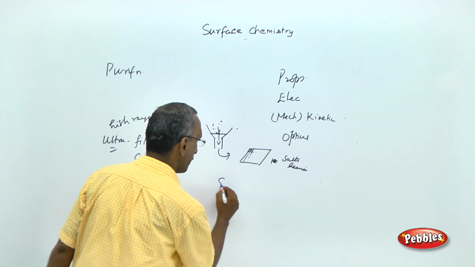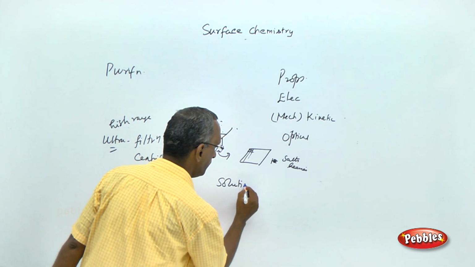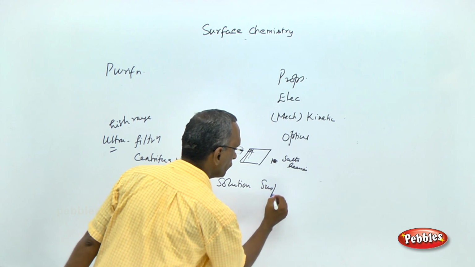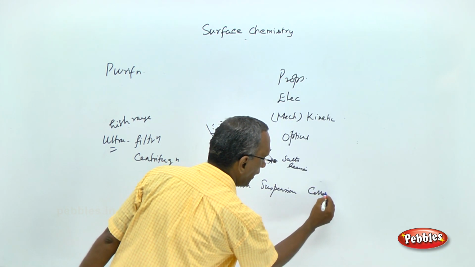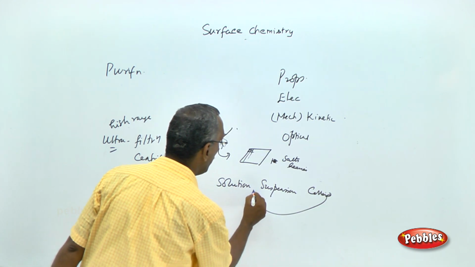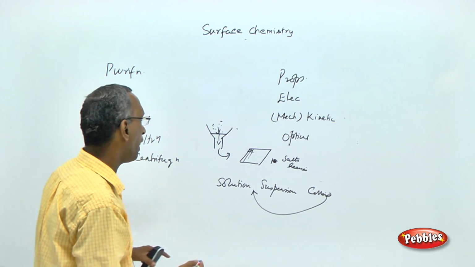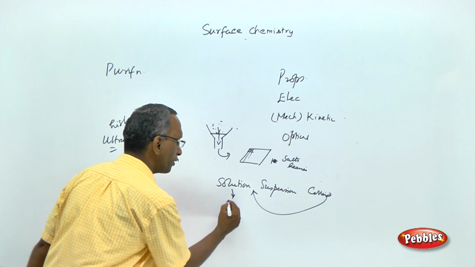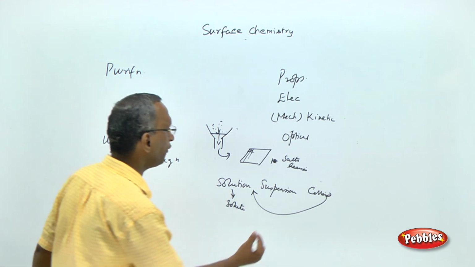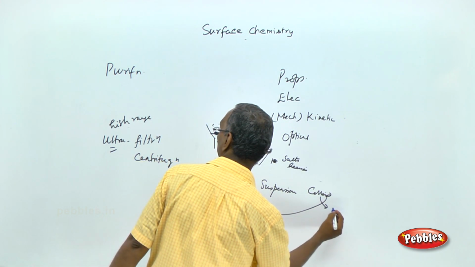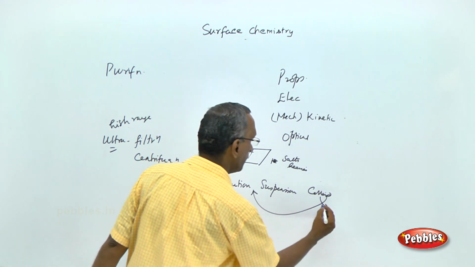Once again, let us compare solution, suspension and colloidal dispersion. Colloids are intermediate between solution and suspension. With normal filtration, you can separate solutes, whereas with ultrafiltration, you can separate colloids.